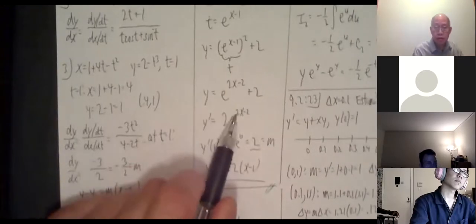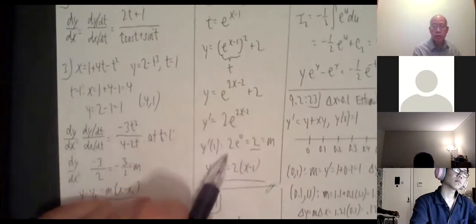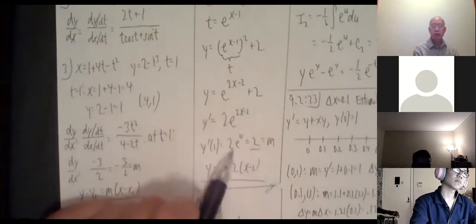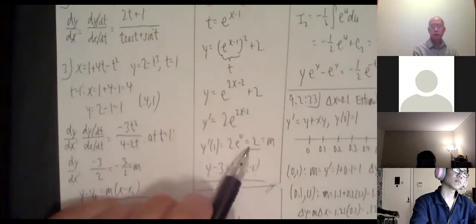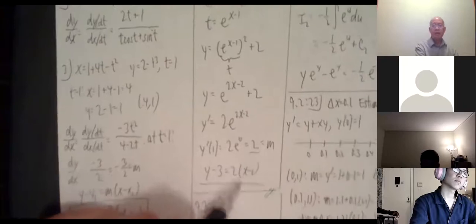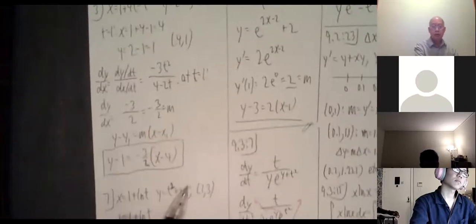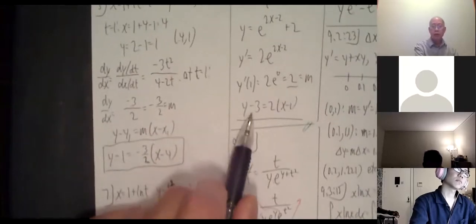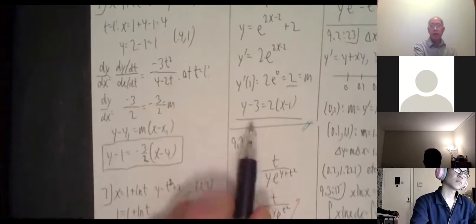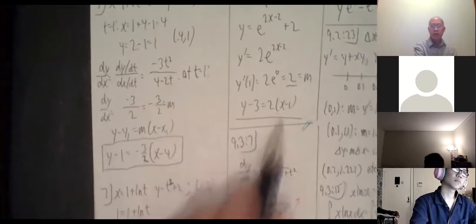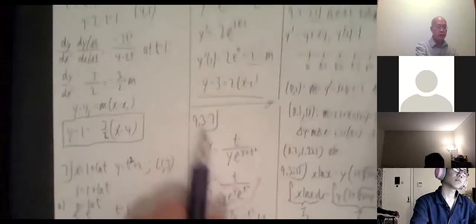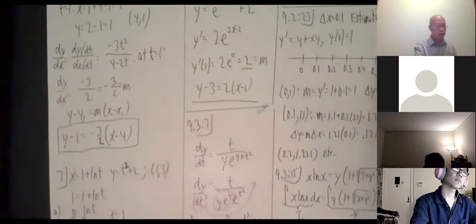So plug in 1. 2 minus 2 is 0. So 2 e to the 0 is 2 times 1, or 2. Slope is 2. And I get the same answer. So the ordered pair was (1, 3). y minus y1, y minus 3 equals m times x minus 1. And that's the same thing as I got over here. So I get the same answer either way, as you can see.